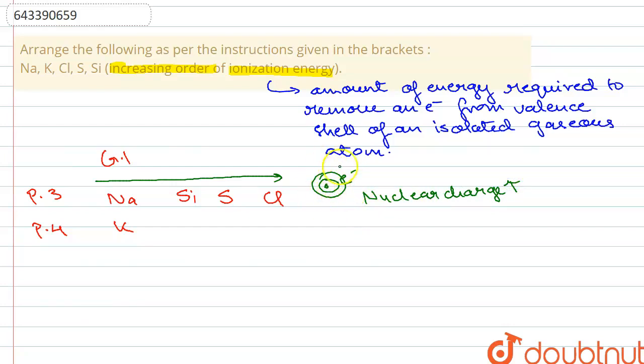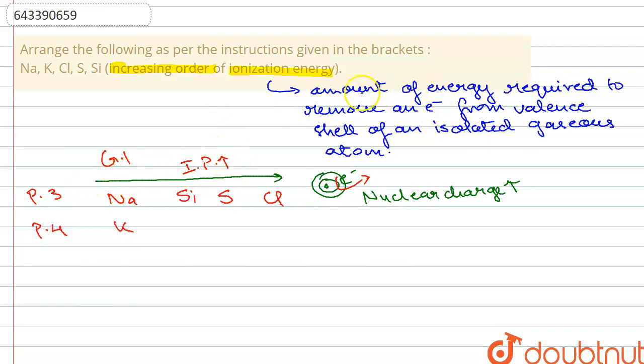Now the electrons in the outermost shell are very tightly bonded, and so it is difficult for us to remove an electron from the valence shell of these atoms. Okay, so for removing an electron from the valence shell of these atoms, a large amount of energy is required, and thus the ionization potential of elements on the right side of the periodic table is higher, and thus the trend of ionization potential is it increases from left to right.